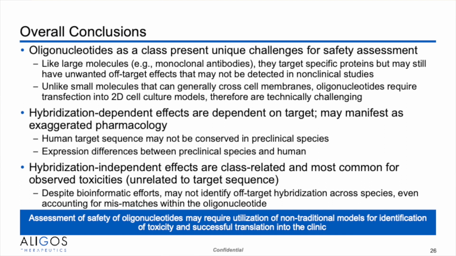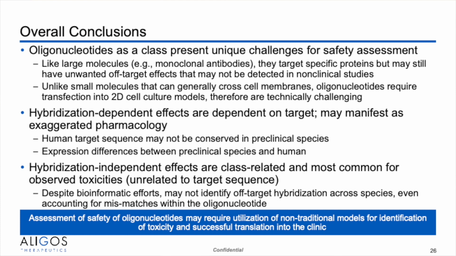It's still quite challenging to deal with some of these hybridization-independent effects. They are very molecule specific and are the most common of the toxicities that we see. And it's really not related to the target sequence, but somehow is affecting off-targets.